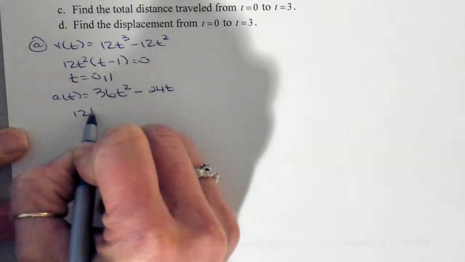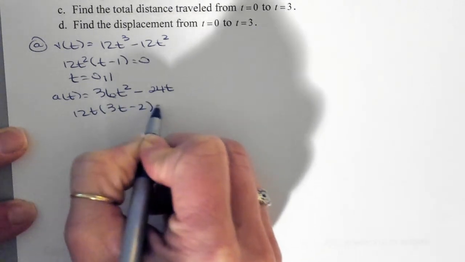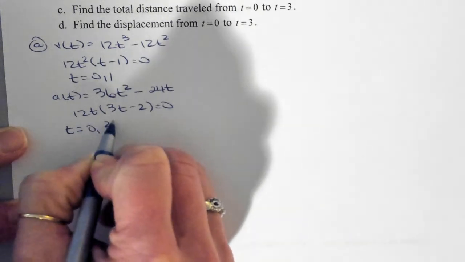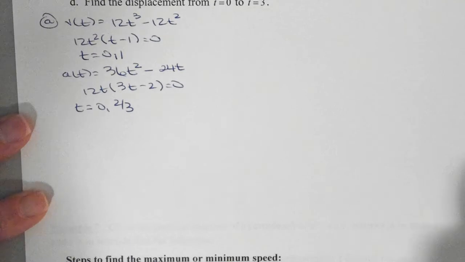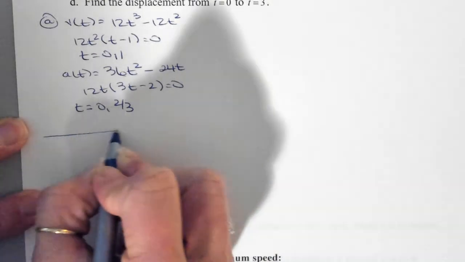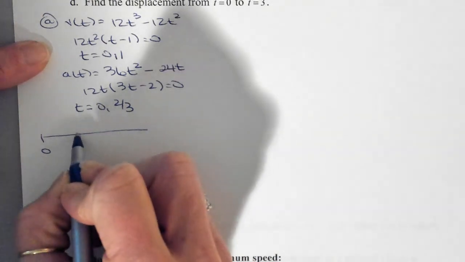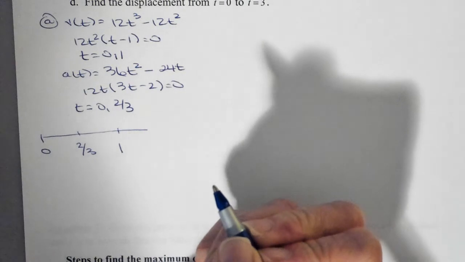Let's take out a 12t, leaving me with 3t minus 2. So we have other critical numbers of 0 and 2/3. Okay, so 0 is already taken care of, correct? Yeah. Okay, so we're going to go down here on the bottom. We've got 0 here, 2/3, and 1.